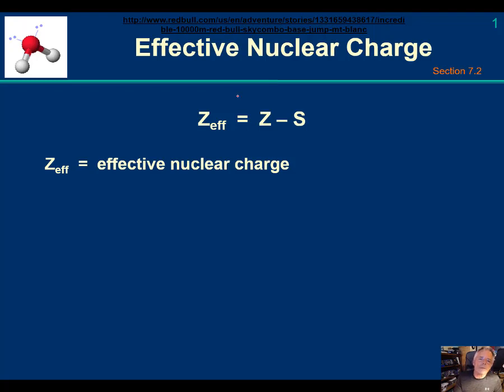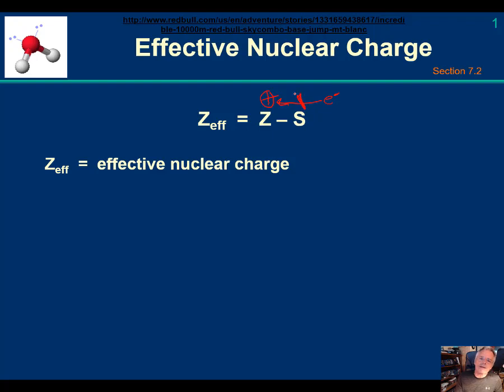Okay, let's talk about effective nuclear charge. Now, you know that the nucleus has positive charge, and this is because of all those protons that are in the nucleus, and they attract the electrons. So there's some electron that is out here being attracted to that nucleus, but there's something in the way.